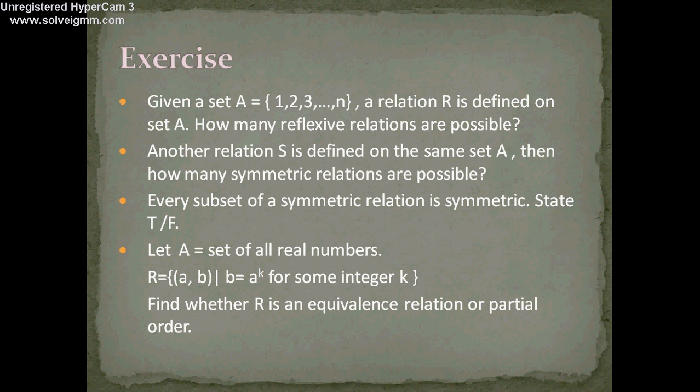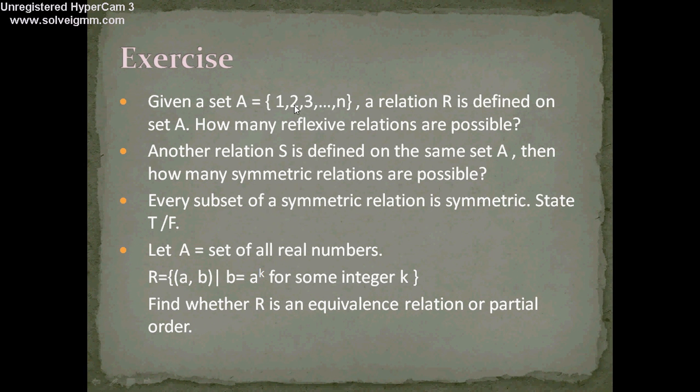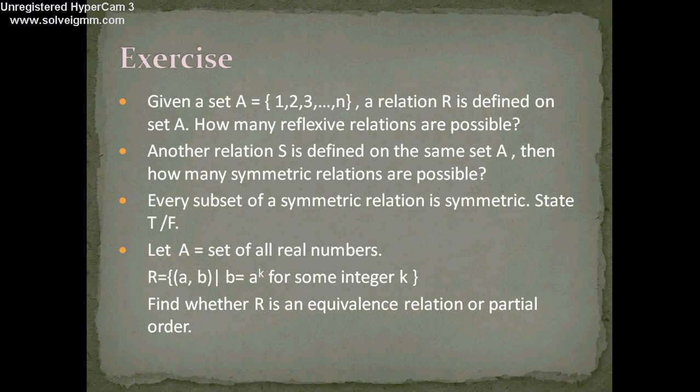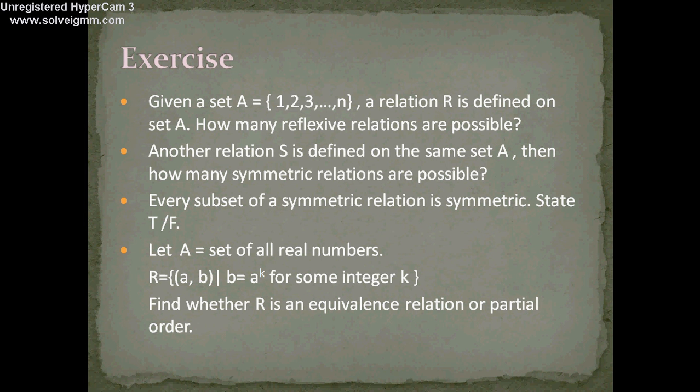Now, since a relation is a subset of the Cartesian product, we are having a relation from A to A. So the cardinality of A cross A will be n cross n, that is n squared, since A has n elements. Now, we know that for relation R to be reflexive, each and every element should be related to itself, that is (1,1), (2,2), (3,3), and so on, (n,n) should be present in the relation. N such pairs will be present in R for R to be reflexive.